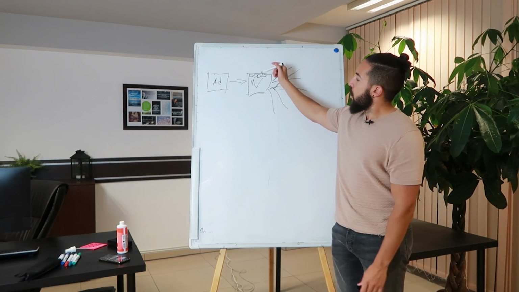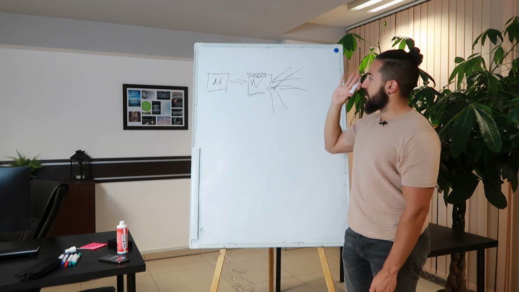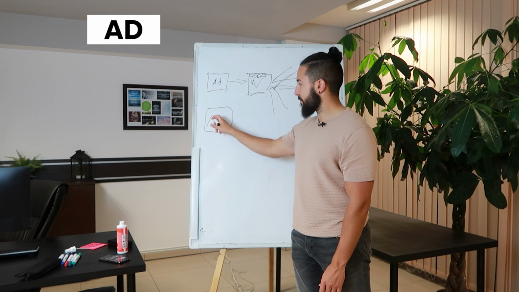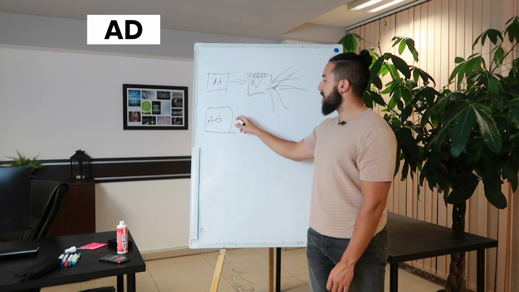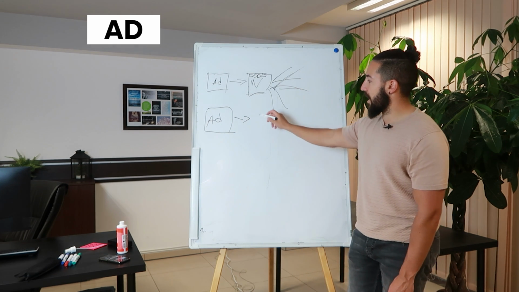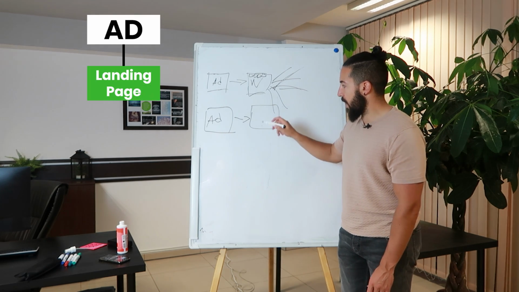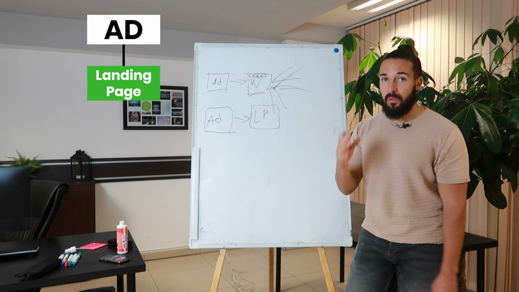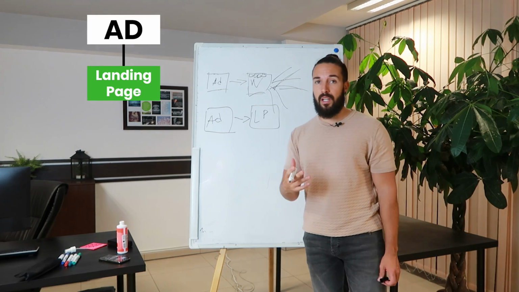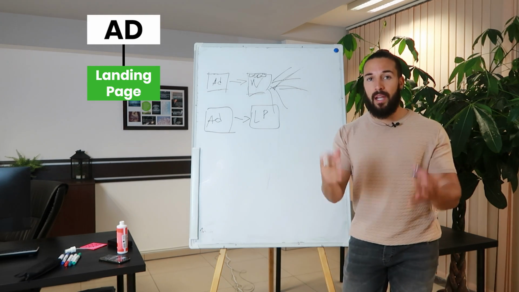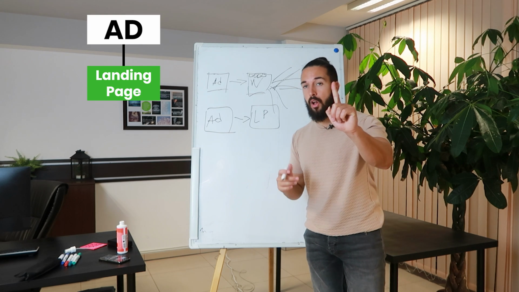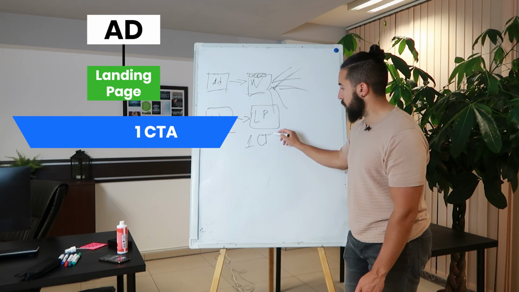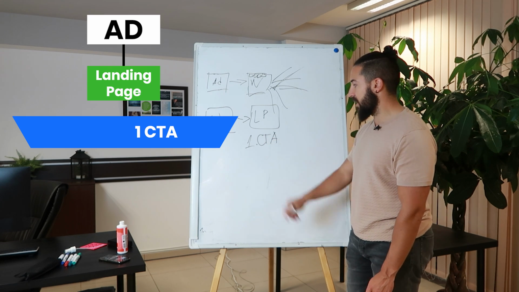What needs to happen is very, very simple. When you have an ad, the ad needs to lead to a landing page, which is what I started with. The landing page is very simple. What we consider a landing page is a page that has only one call to action. Very important: one call to action, one CTA.